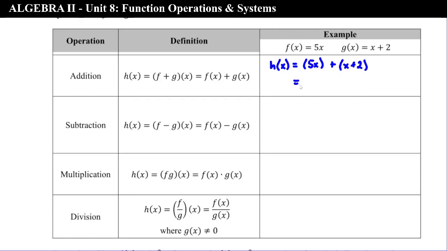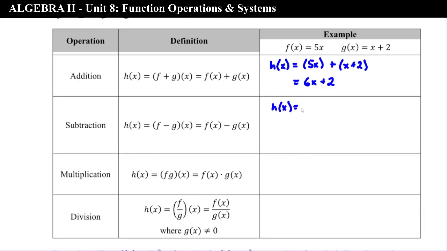Well, all you have to do is now add the parts. 5x plus x gives you 6x, and then you have plus 2 on the end. So when you add f of x and g of x as they are defined here, you get 6x plus 2 as your h of x, which is your combined function. You can similarly do the same thing with subtraction.